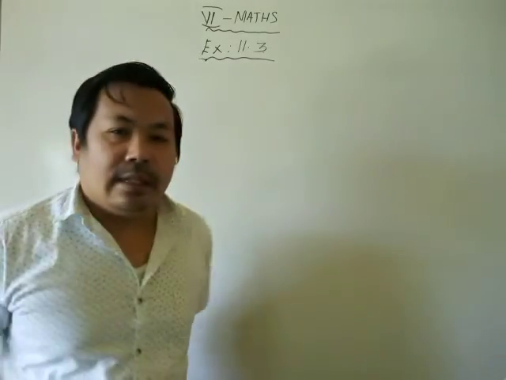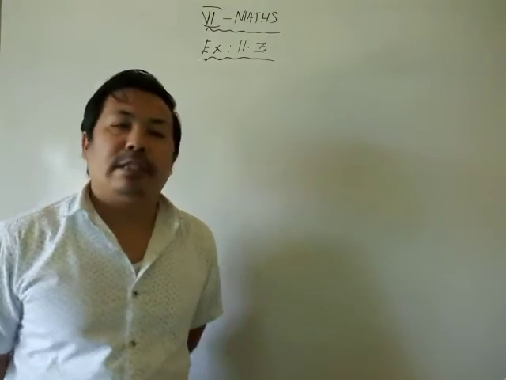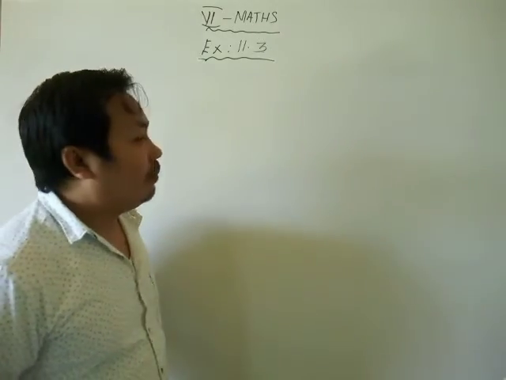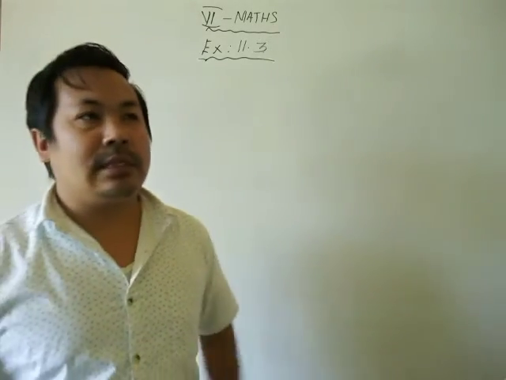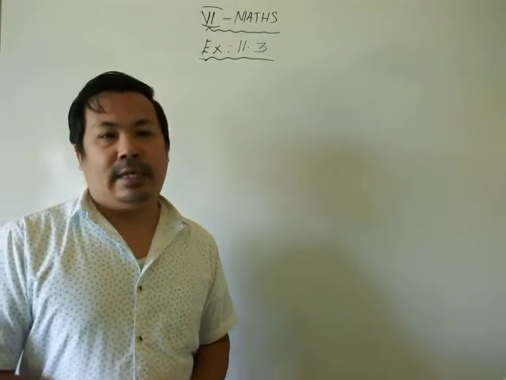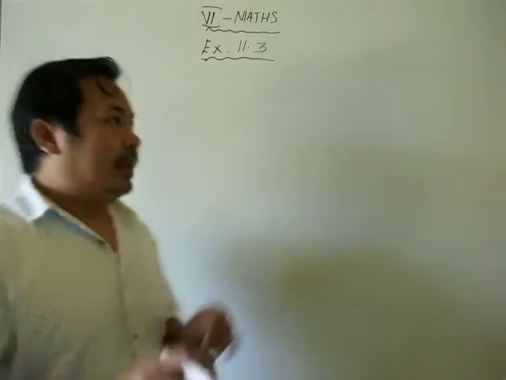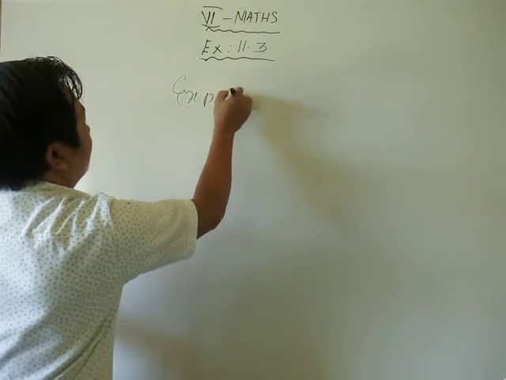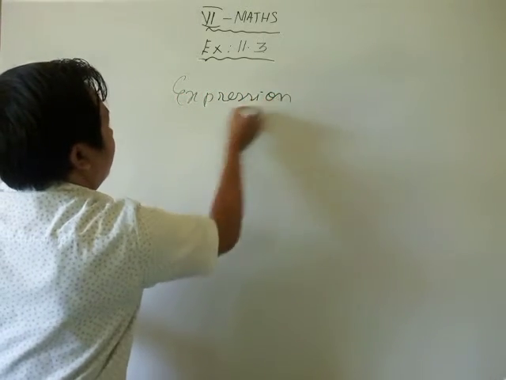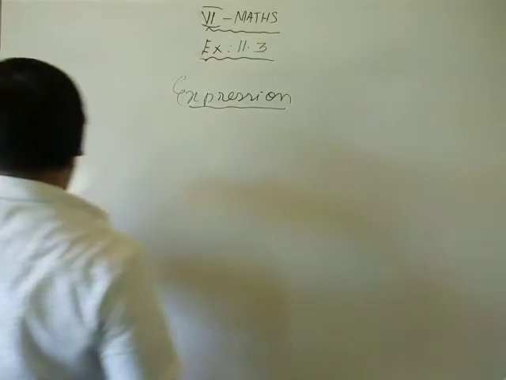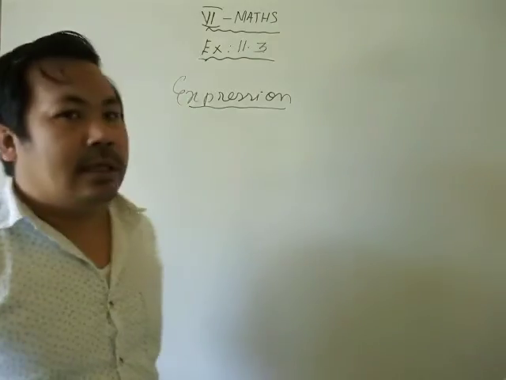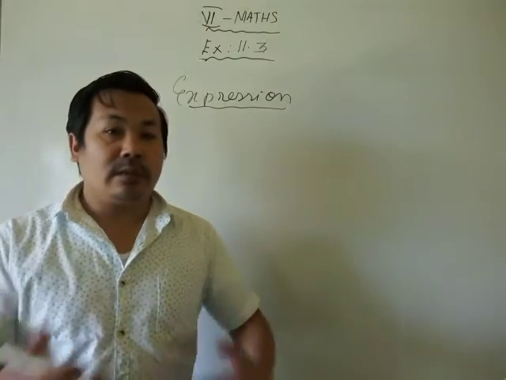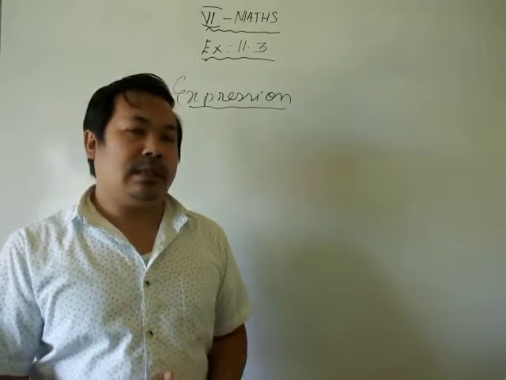So my dear student, the next portion of the chapter is exercise 11.3, and before this I want to give some general concept of the algebraic expression. What is an expression in mathematics? Any numbers having operations with other numbers is called an expression.